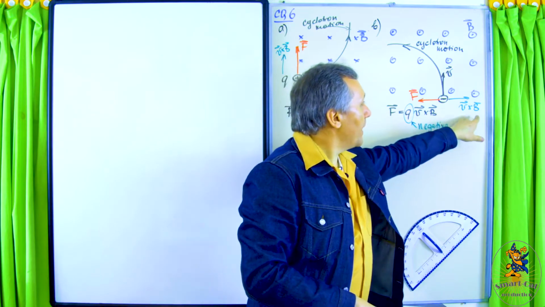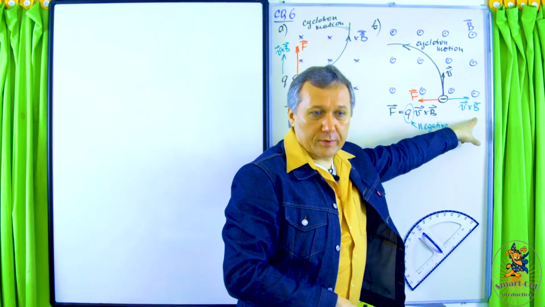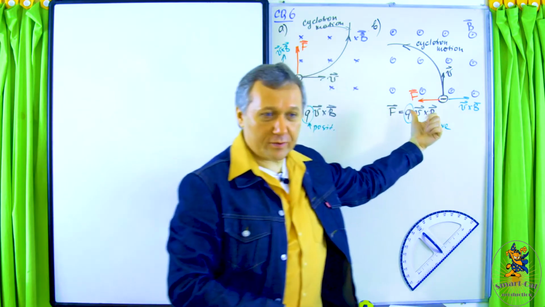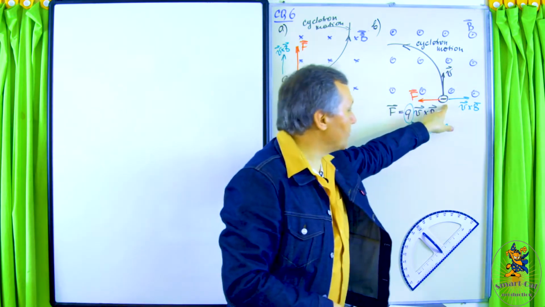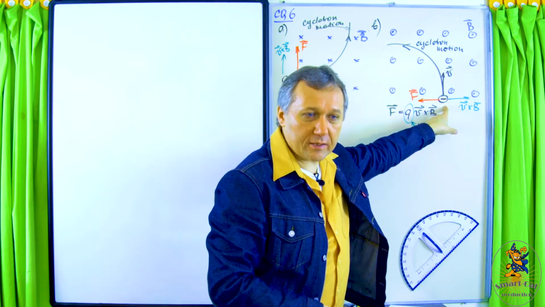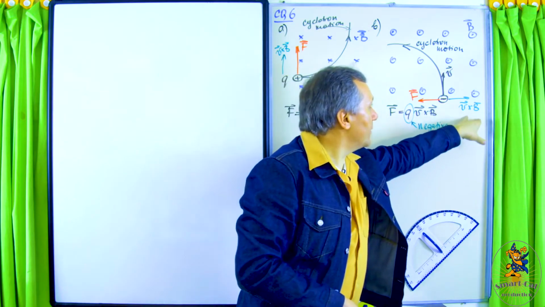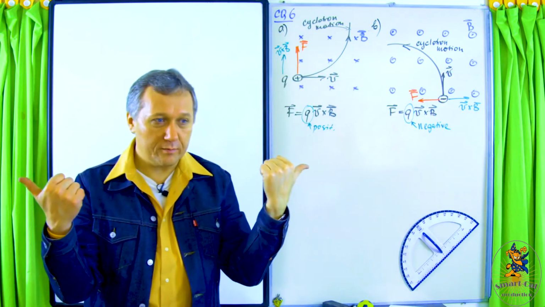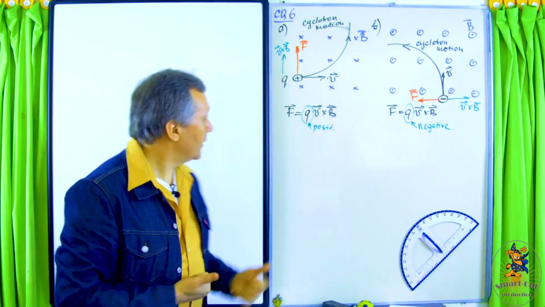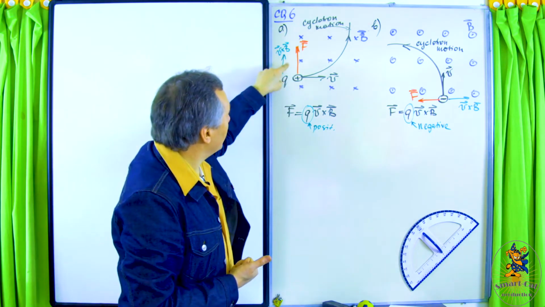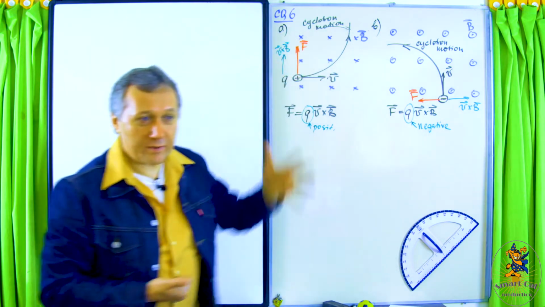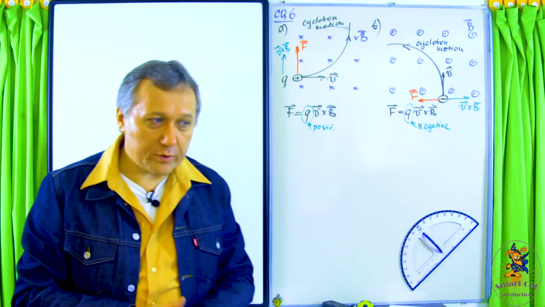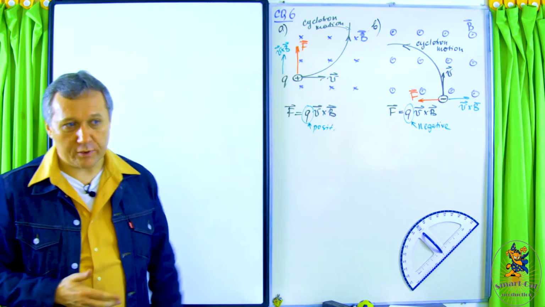So first they look at the cross product V cross B, and they see direction of the force because they see the curvature. So they can tell, okay, this must be negatively charged object, only in that case is it possible that direction of V cross B and direction of force are opposite. So it means that particle must be negative. If direction of V cross B and direction of the force are the same, it means that particle is positively charged.